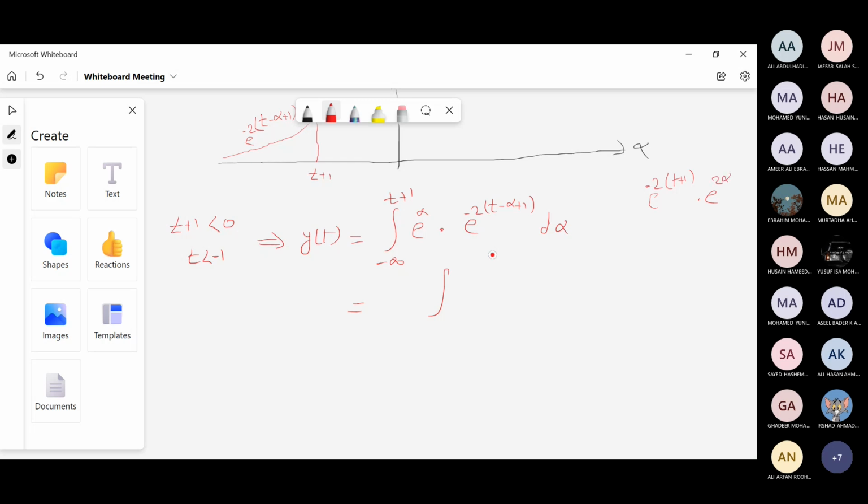This e to the power of minus 2 t plus 1 is a constant, so I can take it outside the integral, from minus infinity to t plus 1. Then from the rest we have e to the power of 2 alpha, and here e to the power of alpha, so e to the power of 3 alpha d alpha.